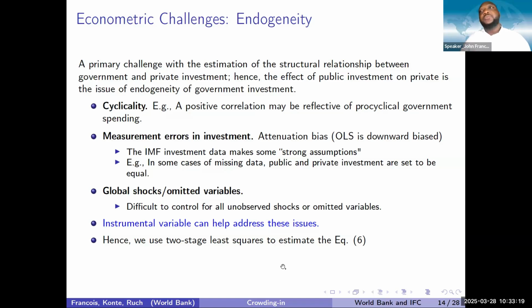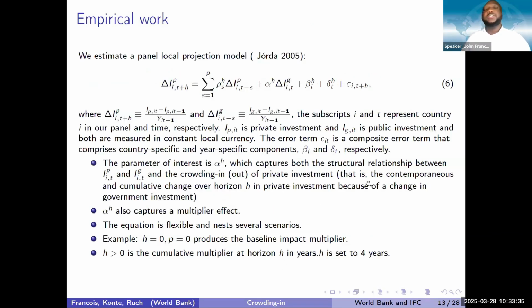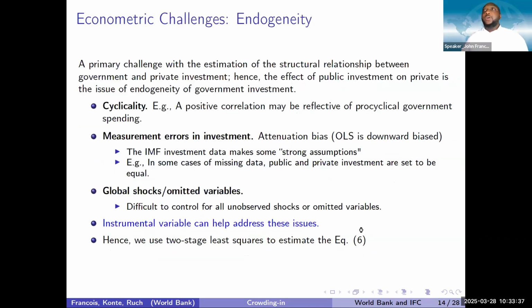To help address this, we use an instrumental variable strategy to identify the investment shock. So our empirical strategy focuses on 2SLS, the two-stage least squares model, for this equation here.